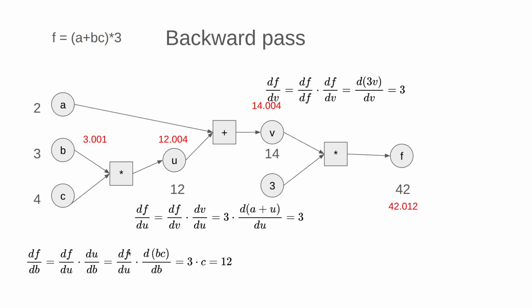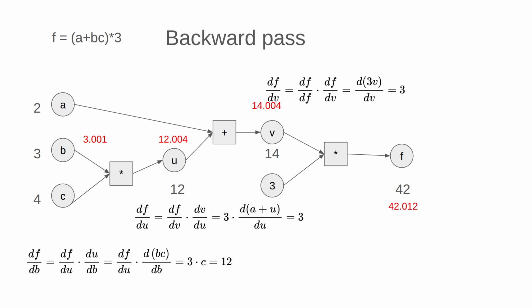The first one is df over du, the second one is du over db. For du over db, we can replace u with b multiplied by c here, and this differentiation will be c. And the df of du, we have calculated before, so it will be 3. So it will be 3 multiplied by c. And we know that the value of c is 4 here. So we know that the differentiation will be 12.